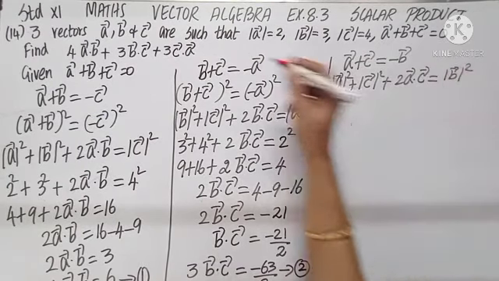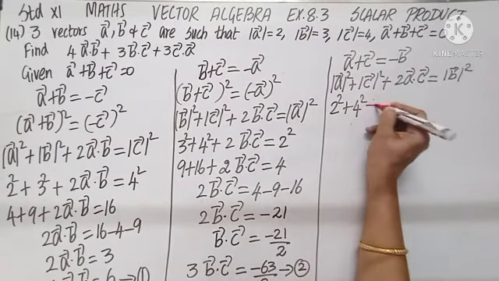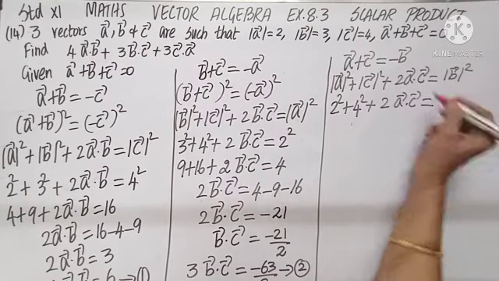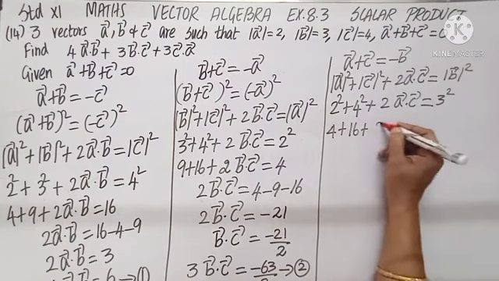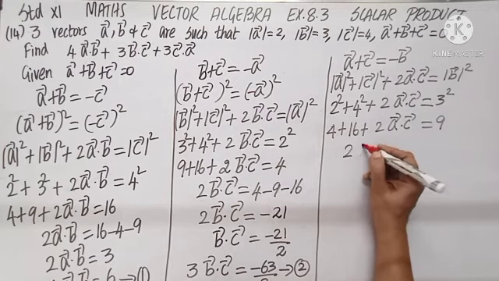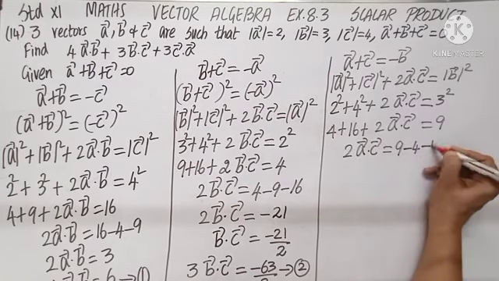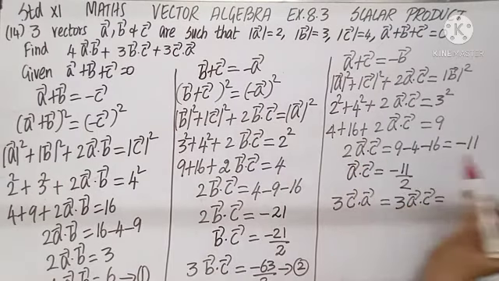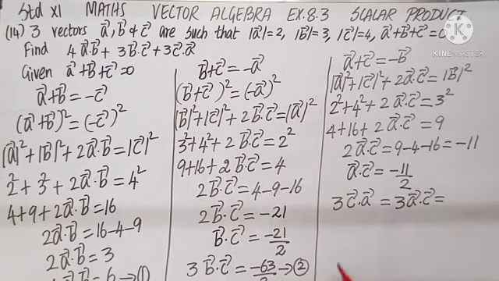As I substitute the values, 2 square plus 4 square plus 2A dot C equals mod B square is 3 square. 4 plus 16 plus 2A dot C equals 9, or 2A dot C equals 9 minus 4 minus 16. 2 times A dot C is minus 11, or A dot C is minus 11 by 2.